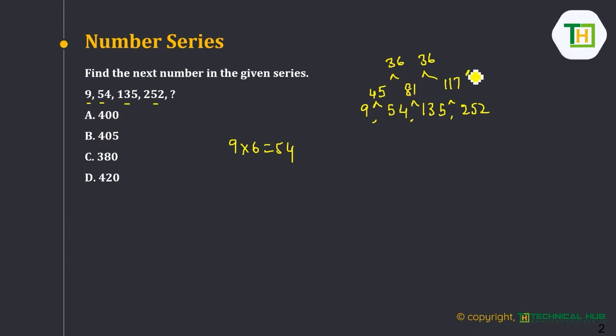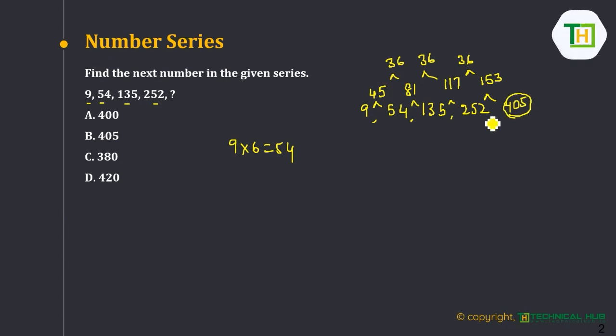What should be the next difference? It should be 36, because the first two are the same, so I expect the third difference should also be 36. So 117 plus 36 is 153. So 153 is the next difference. So 153 plus 252, the answer is 405.